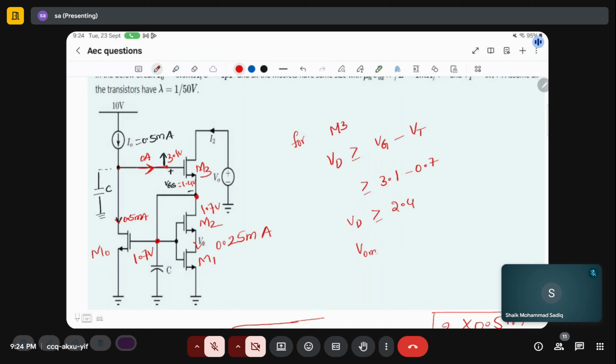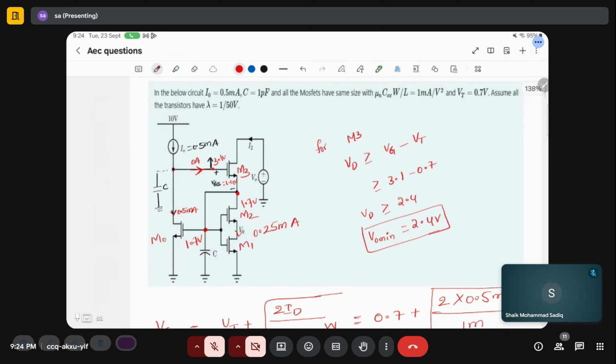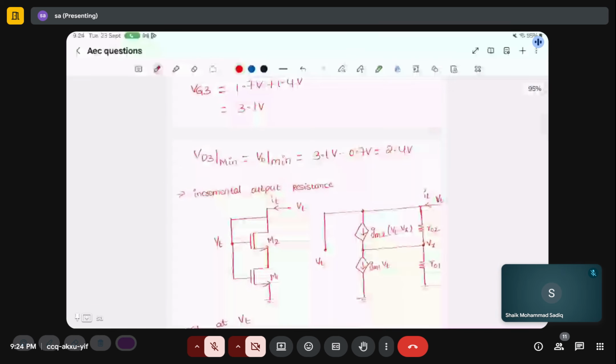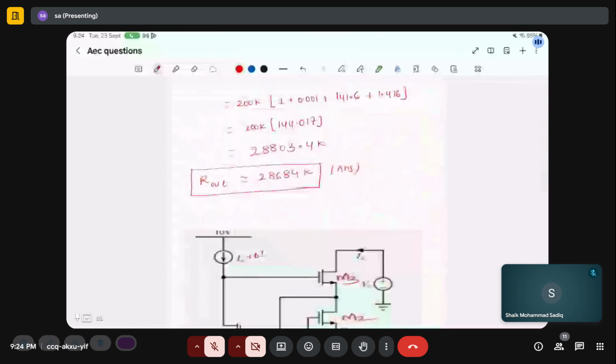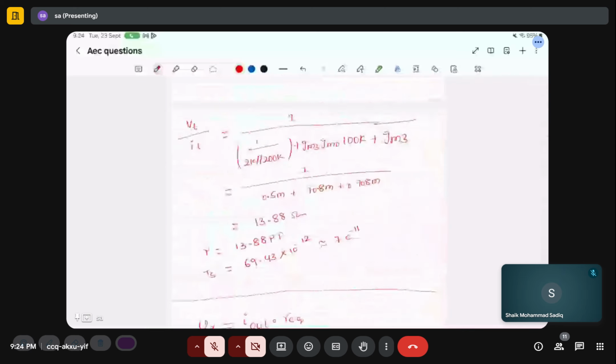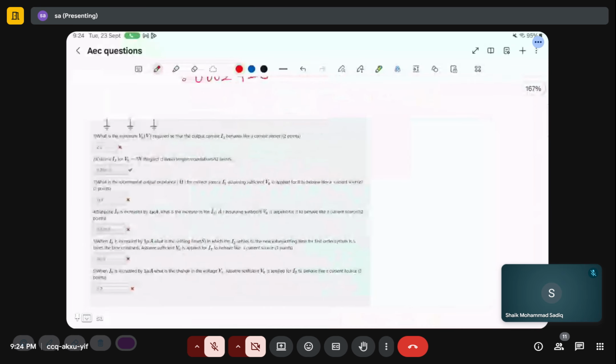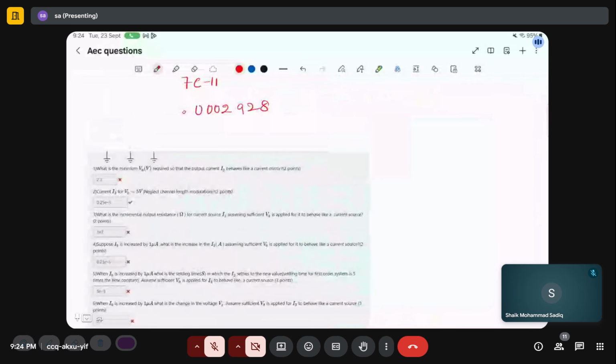So V naught minimum is 2.4 volts. This is the part one they have asked: what is the minimum V naught required so that output current I2 behaves like a current mirror? This is 2.4 volts.